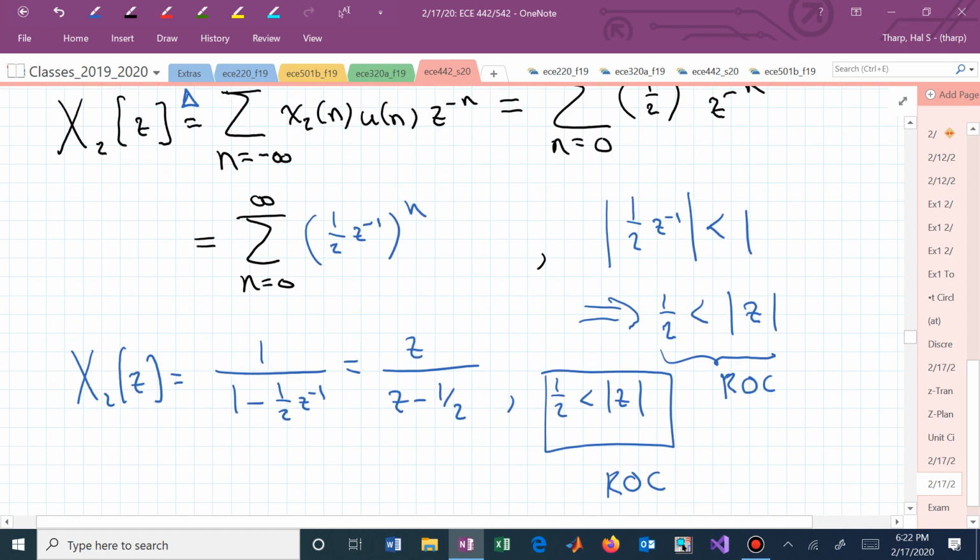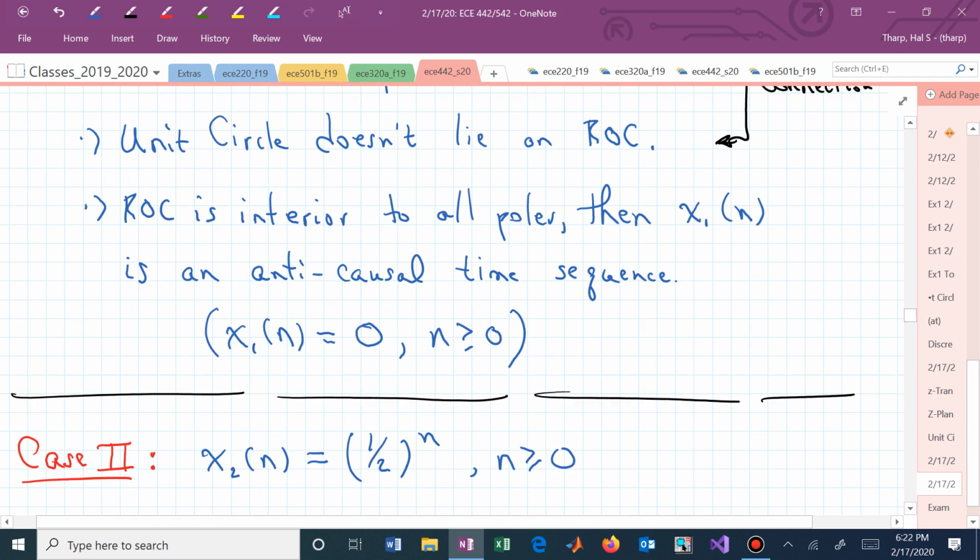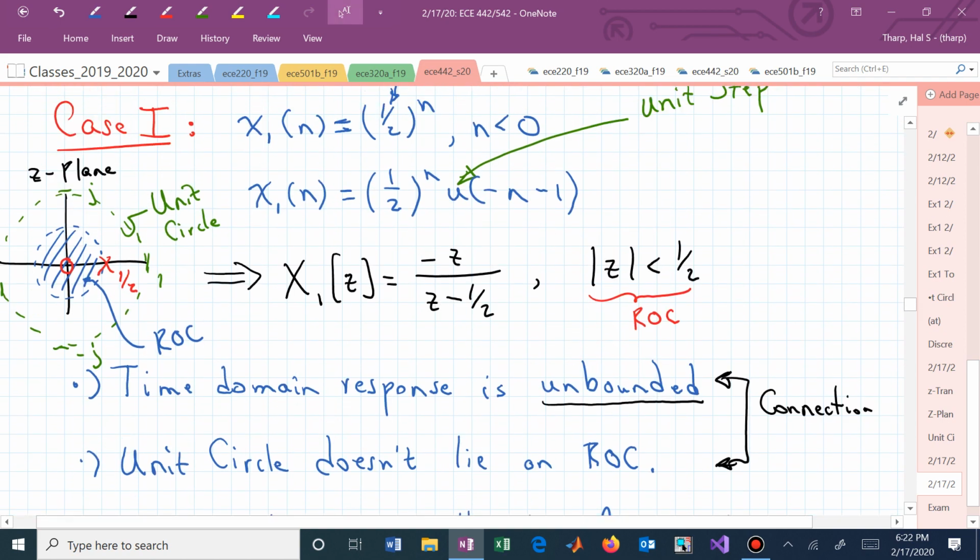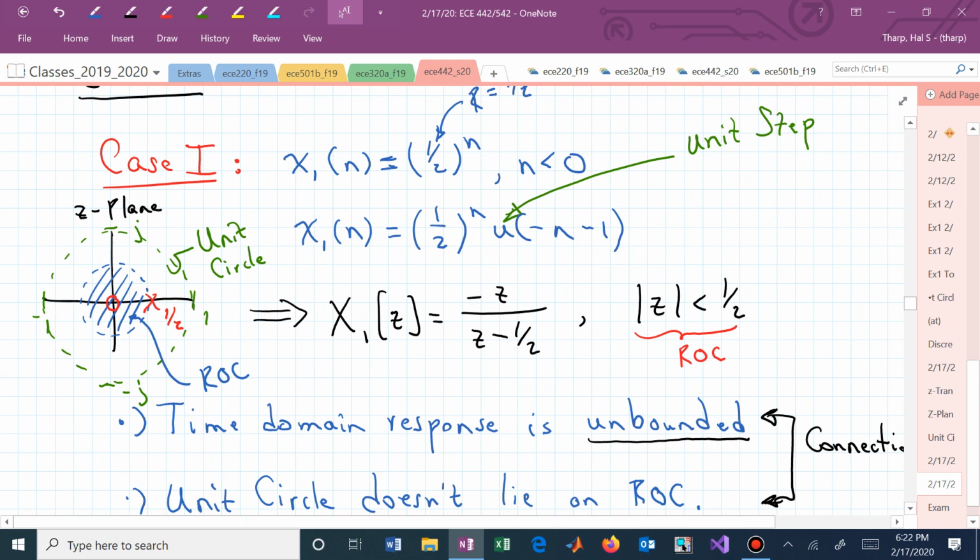If we know we have this region of convergence for case 1, now we have a negative sign in between our time domain sequence, 1/2 to the n, and our z transform. So if you actually started with your z transform being z over z minus 1/2, you would have to put that negative sign on the time domain side of the expression if your region of convergence is this disk of size 1/2.